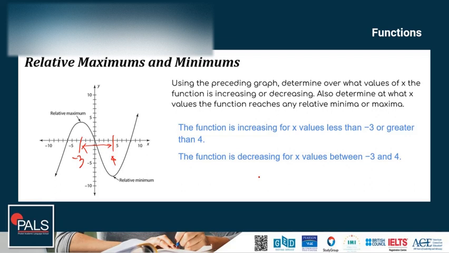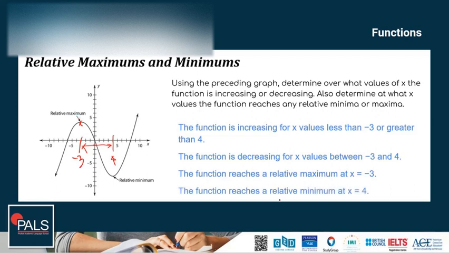By the way, to identify whether the function is increasing or decreasing, we should always look at the direction from left to right. Now, the function reaches a relative maximum at x equals -3. And the function reaches a relative minimum at x equals 4.